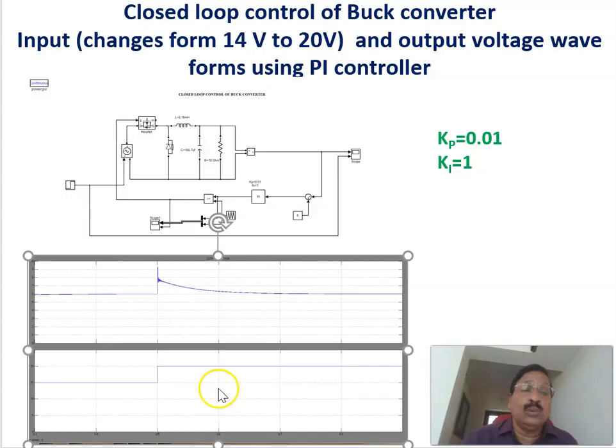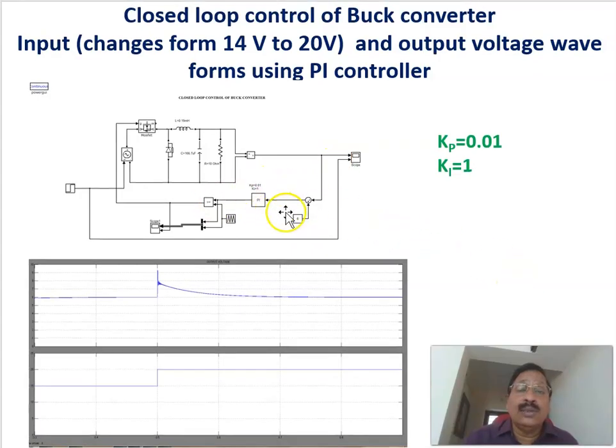This is the input voltage waveform, and the input is changing from 14 volt to 20 volt. Here we are using a PI controller with the reference voltage taken as 6. The PI controller has Kp value 0.01, fixed by trial and error, and integral constant equal to 1.